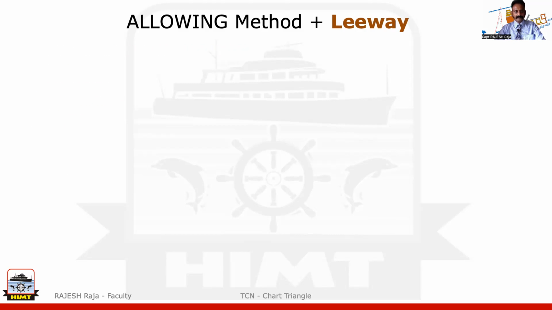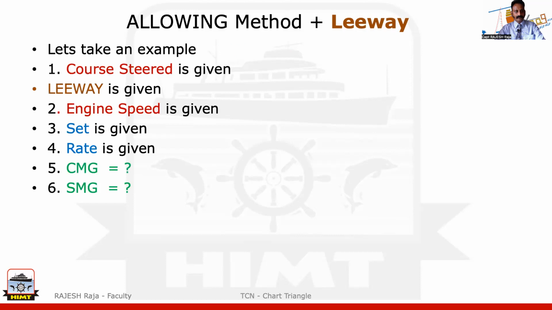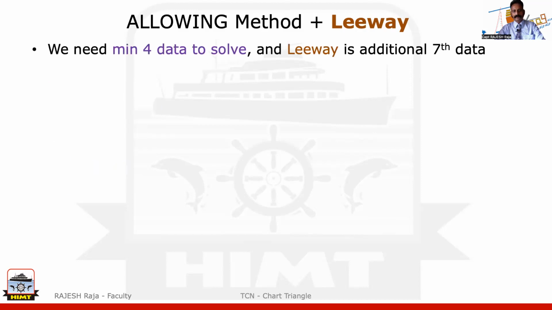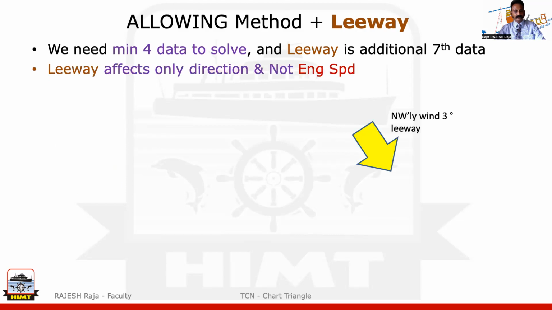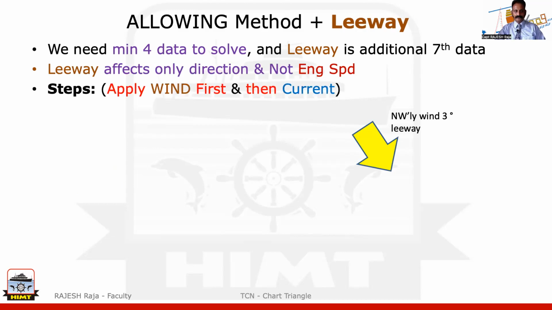So in this previous example, you can see I have components 1, 2, 3, and 4 given to me. Leeway is an additional data. Let us see how to do this allowing method. Okay. So I've given you northwesterly wind, 3 degrees leeway as an example. We already saw a couple of times leeway affects only the direction, not the engine speed.